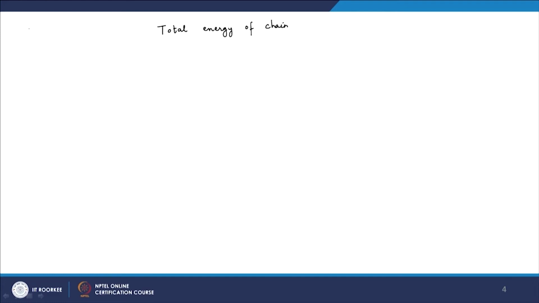By the way, we are now doing a Flory theory, and we are first doing it for the case V higher than 0, that is good solvent.